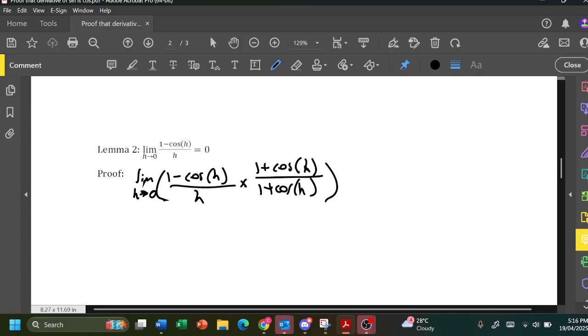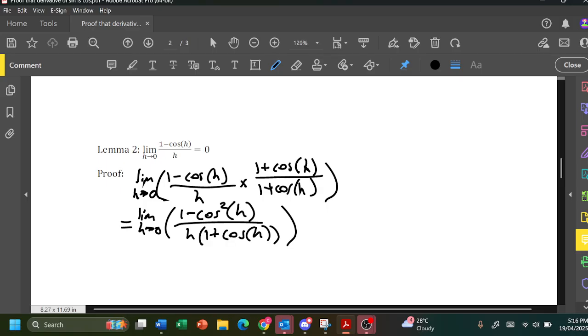If we go ahead and do that, we get that this limit is the same as the limit as h goes to 0 of 1 minus cosine squared of h divided by h times 1 plus cosine of h. Okay, so that's a nice little simplification there.